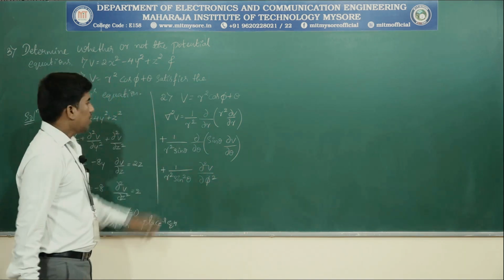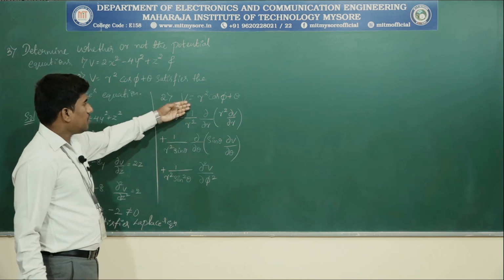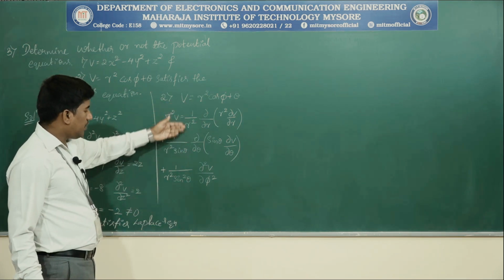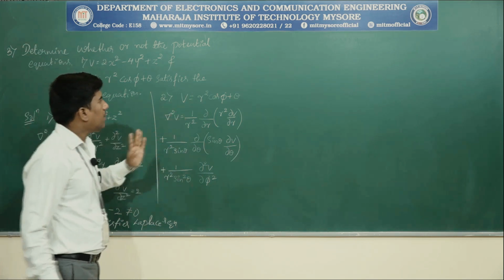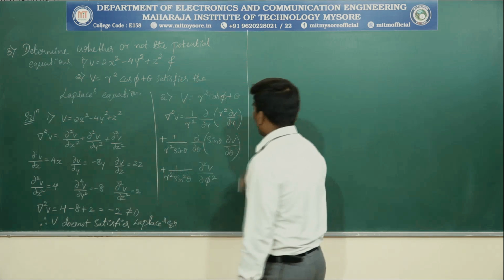This is the equation. Since V has all the three components, we need to evaluate ∇²V for the entire equation. So let us go one by one.